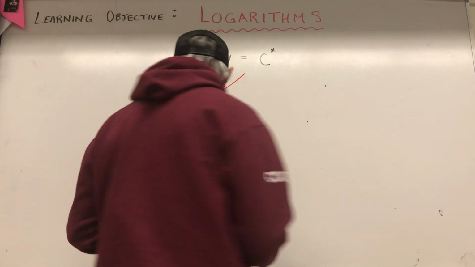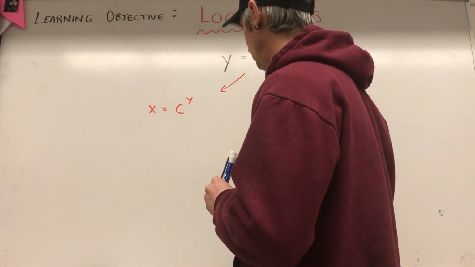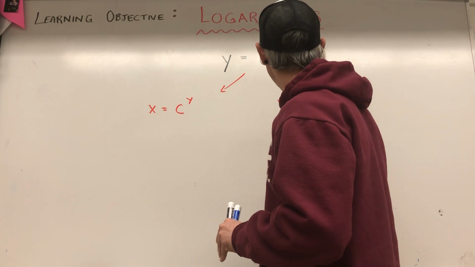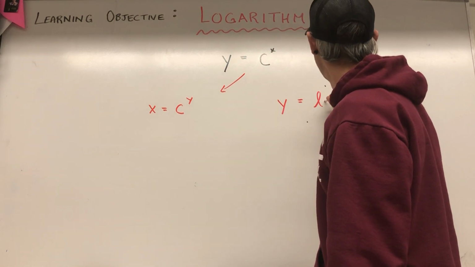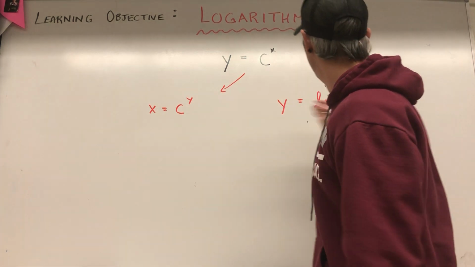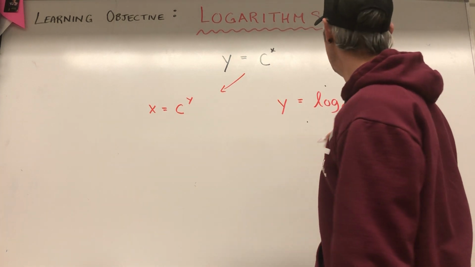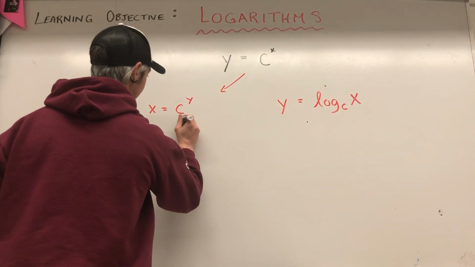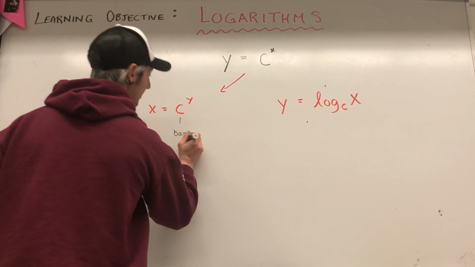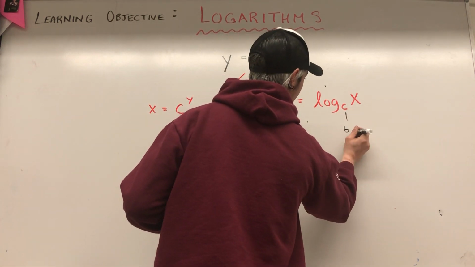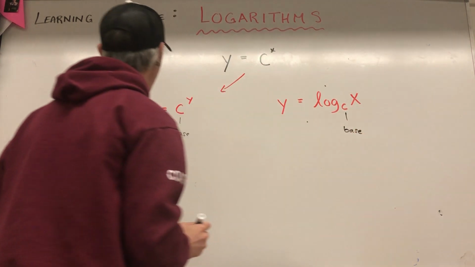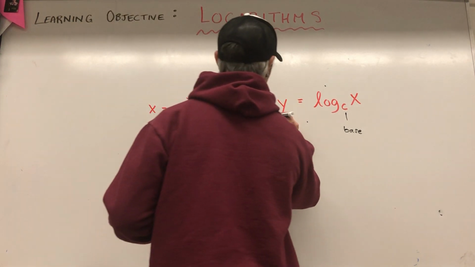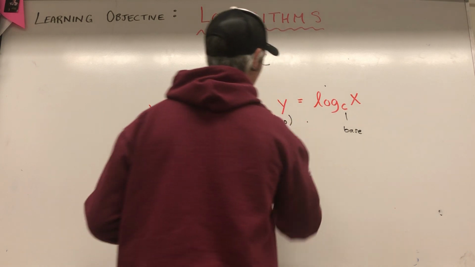So what we know, and I'm not going to derive it for you because I'm not a mathematician, is that we can rewrite this as y is equal to the log base c of x, okay? Where c is our base, and y is our exponent.